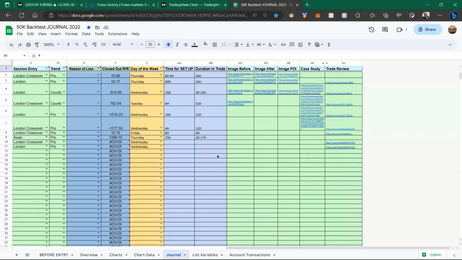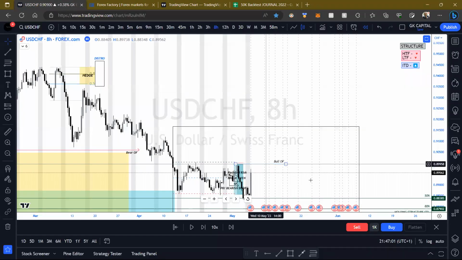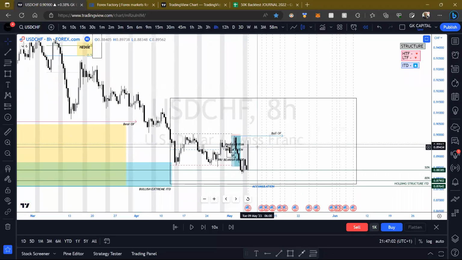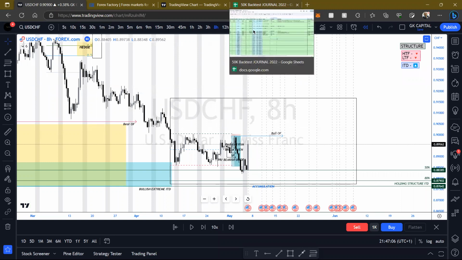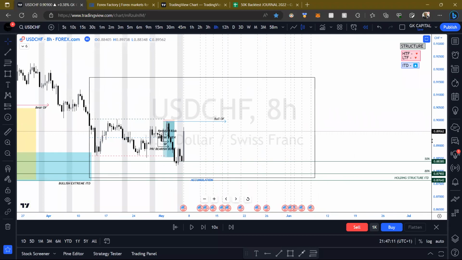I was going to spend some time to put it all on here. For example, remember when we saw the bunch of 80s and 88s, I was going to put it on here if it was a redistro, but I just feel like that would take a lot of time and we would be here for more than 2 hours, because that's what I do when I backtest on my own and they take quite a while. Cool. Let me know.